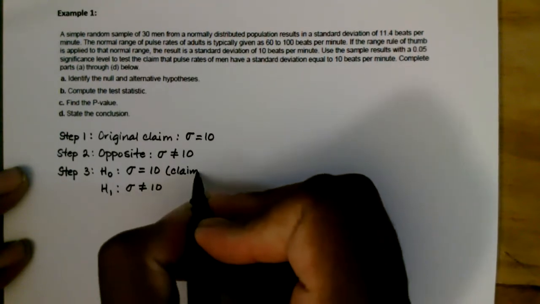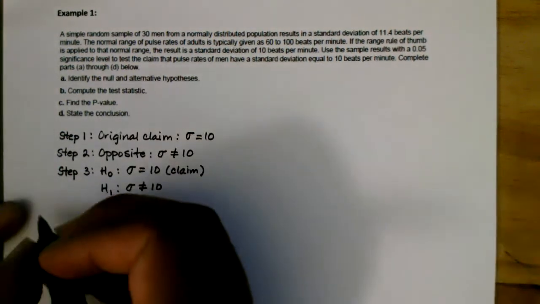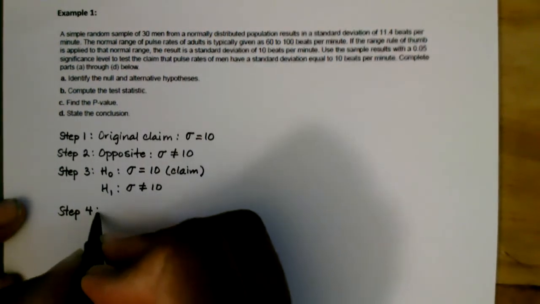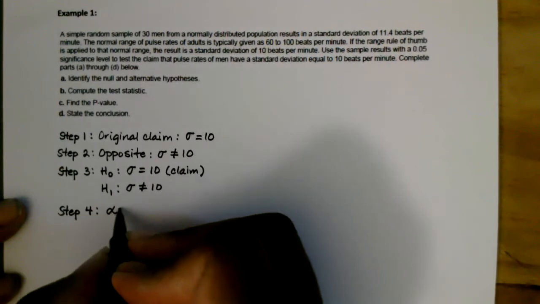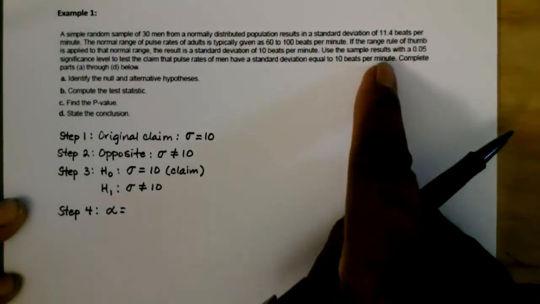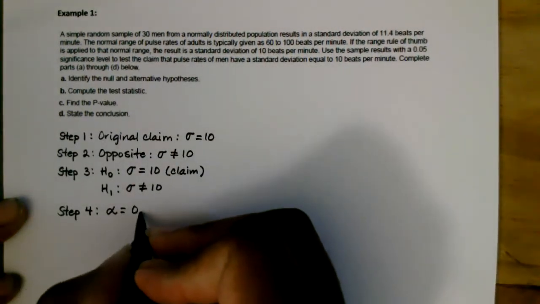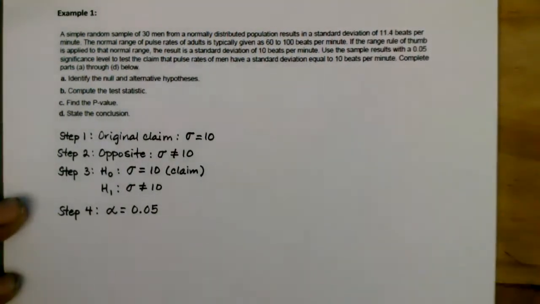And that's also the claim, as you can see in step number 1. So that's why I put the word claim in parentheses. And then step number 4 is identifying the level of significance. In this case, we're using the sample results with a 0.05 significance level. So that's step number 4.